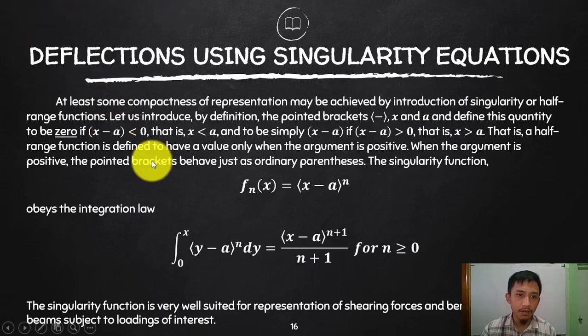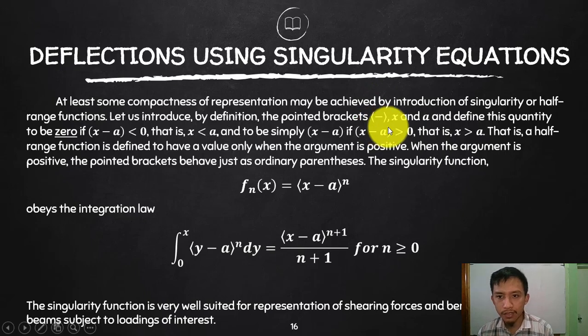So we will be using what we call the pointed bracket. Instead of parentheses, we will be using a pointed bracket, because that will be restricting the value within this bracket, so that it will have a certain value with respect to the values of x relative to a.